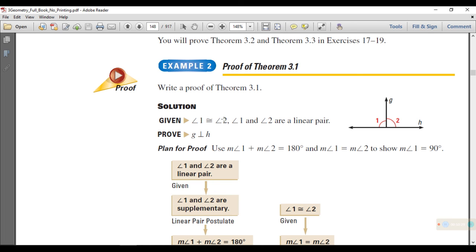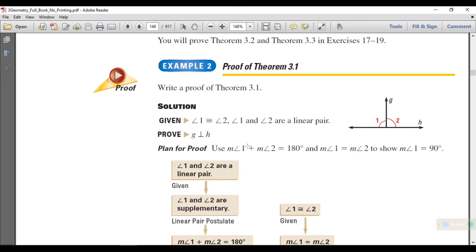Ang sinasabi ni Theorem 1 kanina, if you have a linear pair, tapos may nag-intersect sa kanya, and you ended up with congruent angles, automatically, the original line and the line that intersected it will produce a pair of perpendicular lines. So you have to prove that G is perpendicular to H.